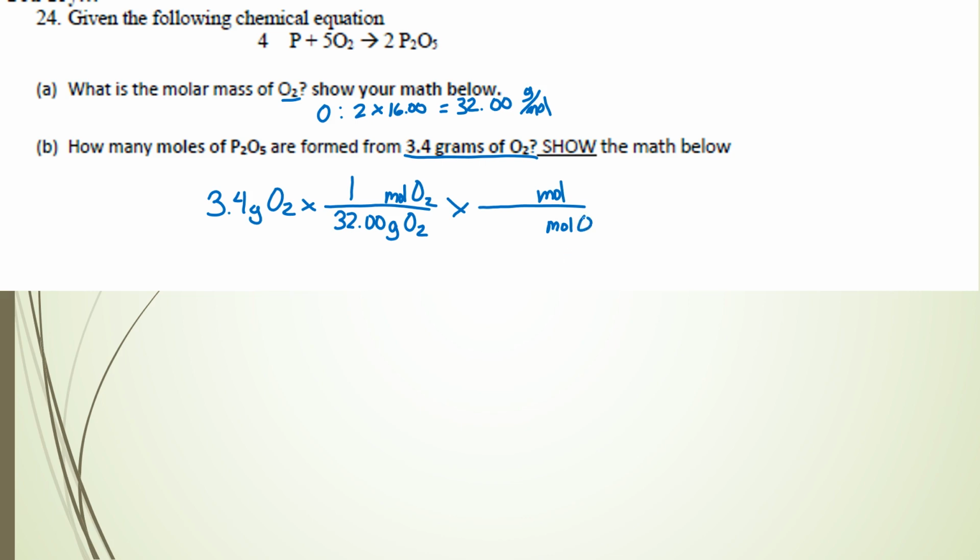I should put mole of O2 on the bottom, mole of P2O5 on top. Now I have to look at my equation. 2 of that for 5 of that.